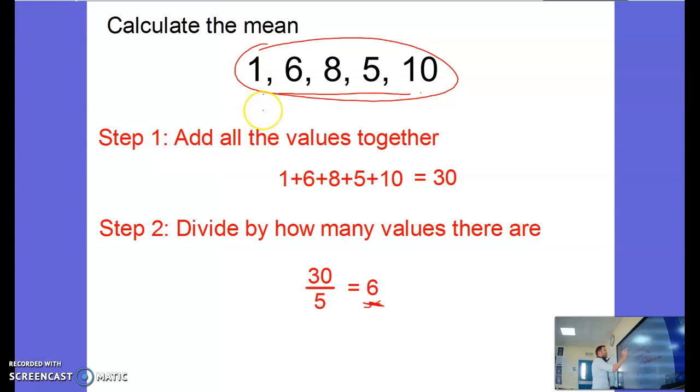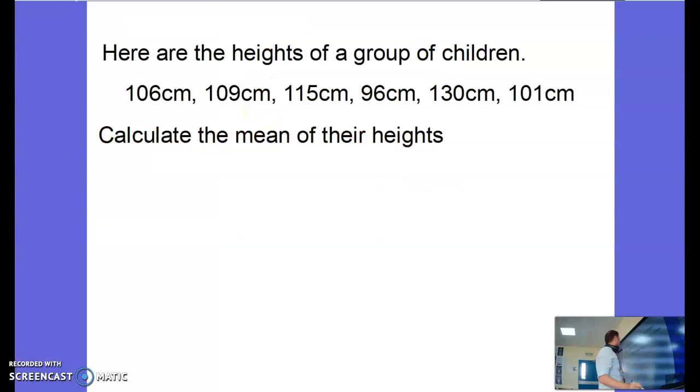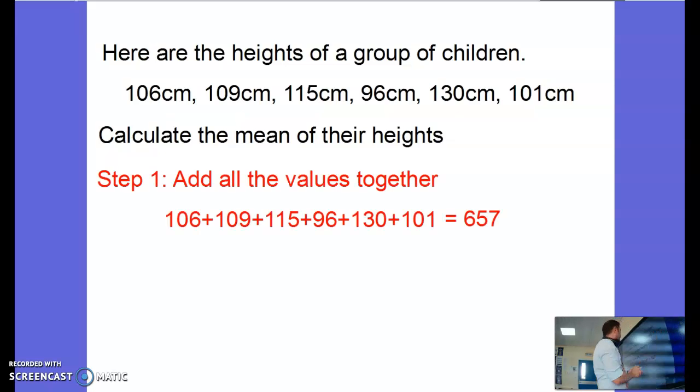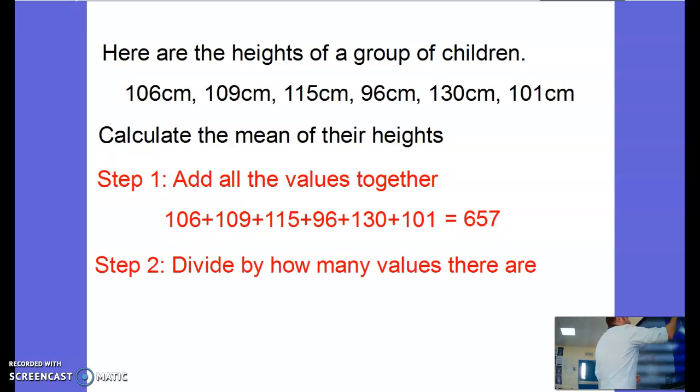Okay, let's have a look at another example. So here we've got the heights of a group of children: 106, 109, 115, 96, 130, and 101. We want to know the mean. So yet again, step 1, add all those values together. Don't skip a step, press equals, get the total: 657 there.